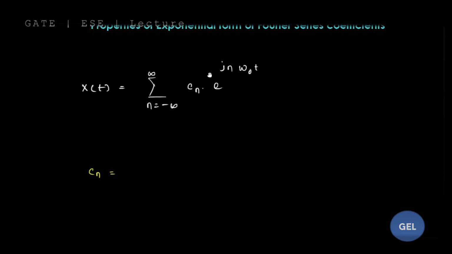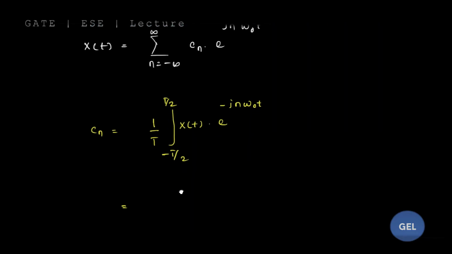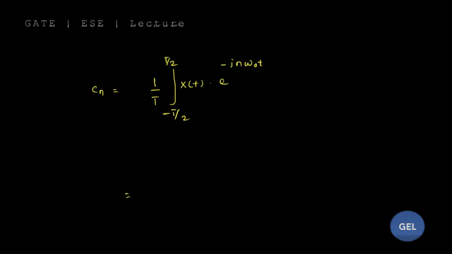Now what is Cn? Cn is 1 by T times the integral over the same period T. You can take minus T by 2 to T by 2, or 0 to T as well.